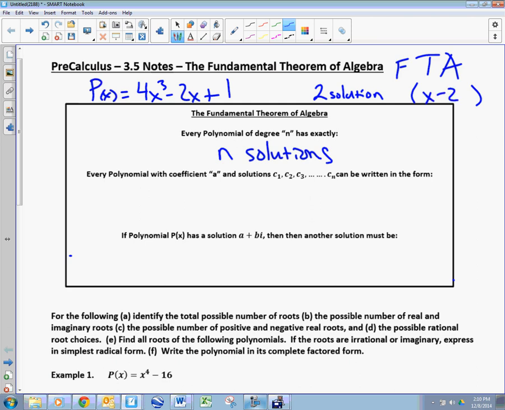So you could just write x minus the solution, and that's a factor, correct? So every polynomial can be written like this. P of x is equal to some coefficient times x minus one of the solutions times x minus another solution times x minus another solution times x minus the last solution. You could just simply write x minus the solutions in factored form.